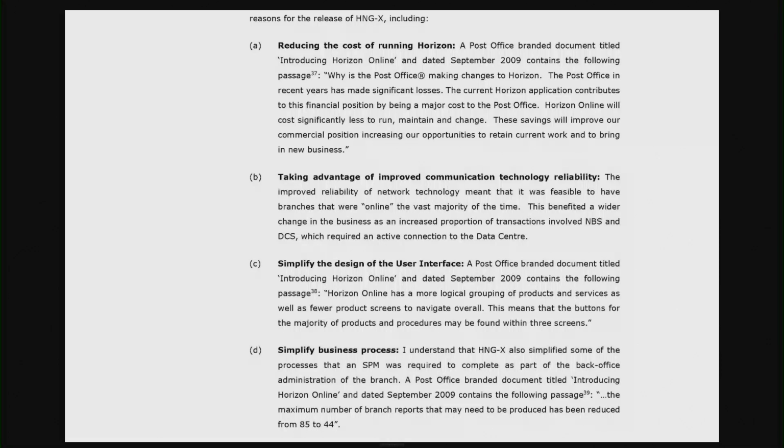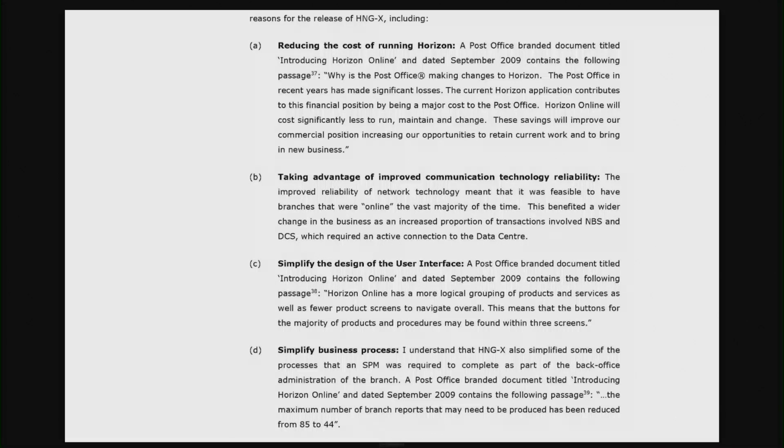Secondly, you understand from the documents the second reason to make the change was in order to take advantage of improved communication technology reliability. Is that right? That is correct. You say that change meant it was feasible to have branches that were online for the vast majority of the time. That benefited a wider change in the business as an increased proportion of transactions involved MBS and DCS. Can you remind us what they were?